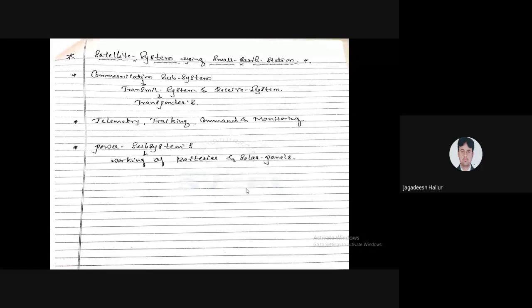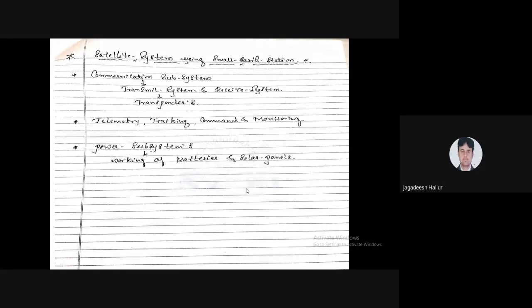The next subsystem is the communication subsystem. In the communication subsystem, the most important block is your transponder. What is the function of the transponder? I think you forgot. Anyone? What is the actual function of the transponder?